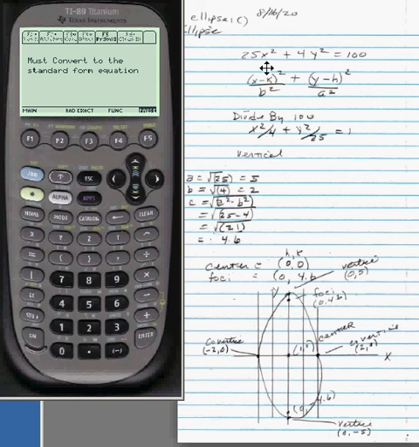Now we have to convert this to a standard ellipse format. So we're going to divide all the terms by 100. We're dividing all the terms by 100 here. And here the calculator, instead of 100, did 1 by 1. And so the standard form is x squared over 4 plus y squared over 25 equals 1, which is right here.